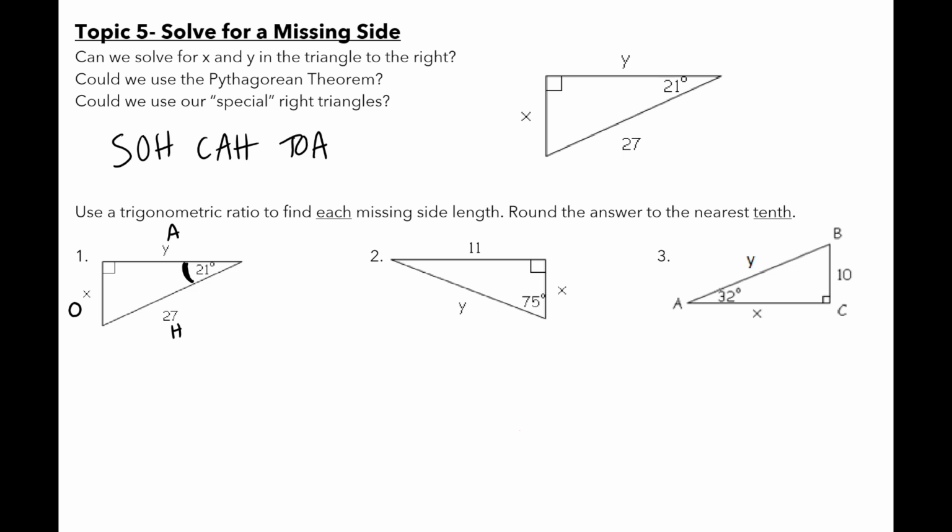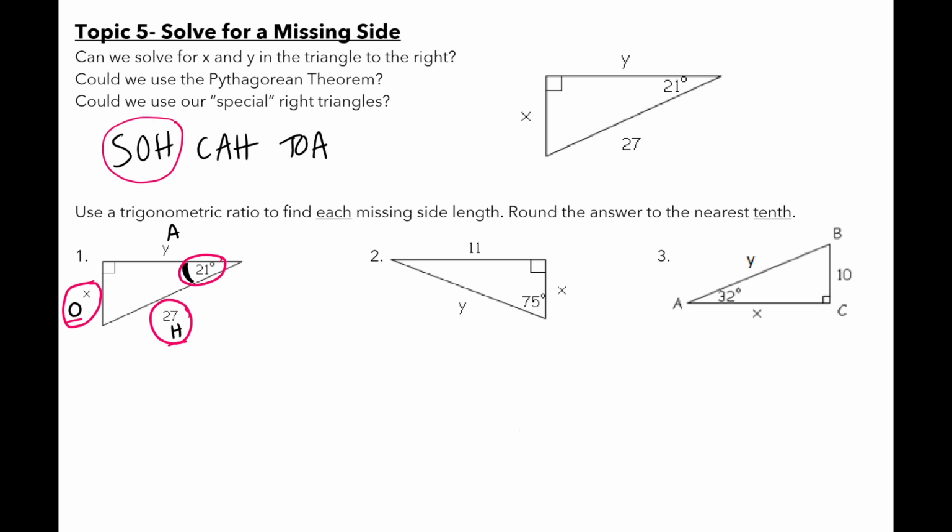Now, I am going to solve for x first, so I'm going to box that so I know that's where my focus is. But I can't use the adjacent side because it's a variable. I don't know what that number is. I can use this angle, and I can use the hypotenuse side. So I have circled O and H, and I know that O and H are from sine.